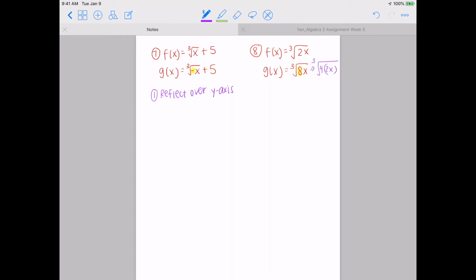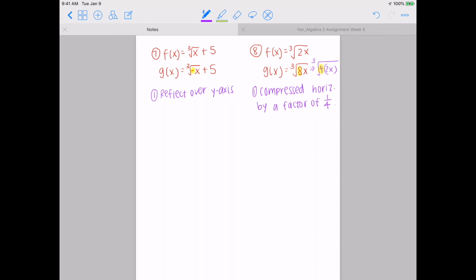So instead of 8 being the number, it's actually 4 being the number we write the transformation for. It's going to be compressed because it's a number bigger than 1, so compressed horizontally by a factor of the reciprocal, which is 1/4.